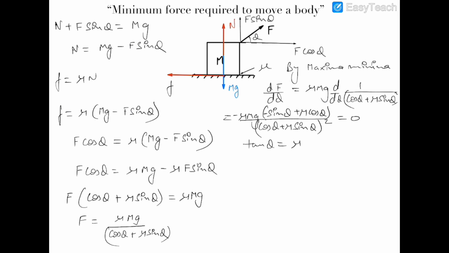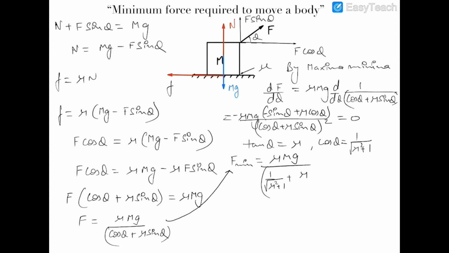Now if we need to find the value of F, we can substitute this value in the equation. F minimum will be mu mg upon, and if tan theta is mu, then cos theta will be equal to 1 upon under root of mu square plus 1, and sin theta will be equal to mu upon under root of mu square plus 1.